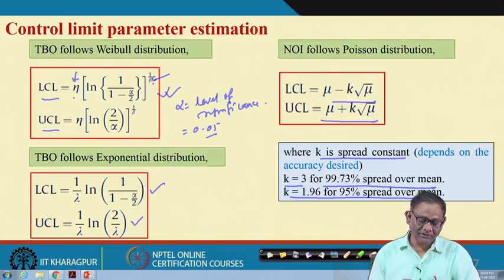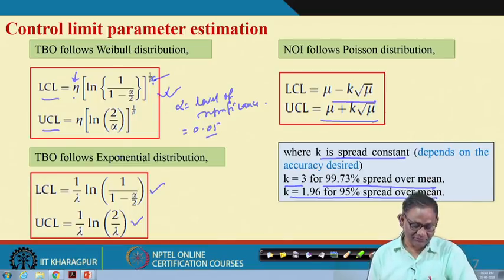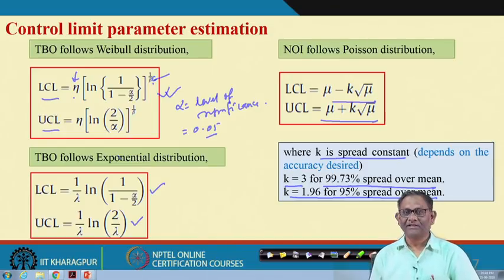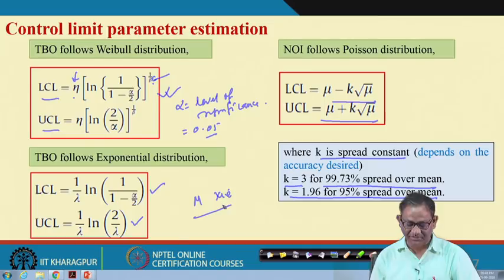For the control chart with Weibull distribution and exponential distribution, there is a paper in Reliability Engineering and System Safety, I think by Xie, which I have seen.